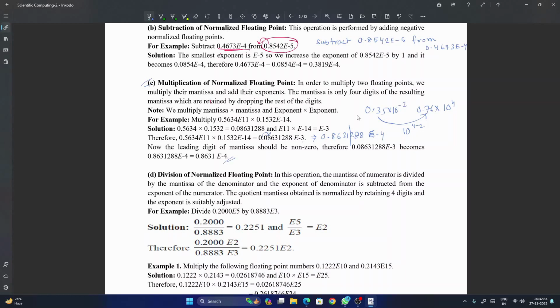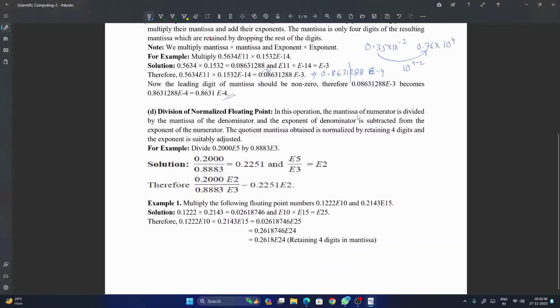A similar pattern follows for the division also. In the division, just divide the mantissas and then divide the exponents, and in the division you get the difference of the powers of the exponents.